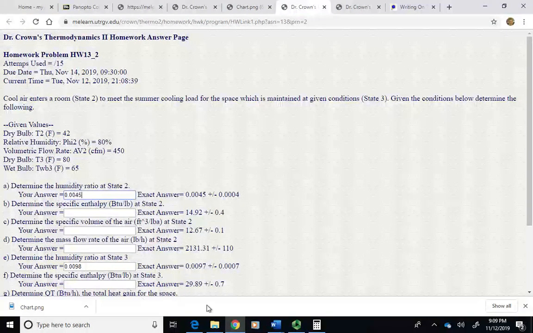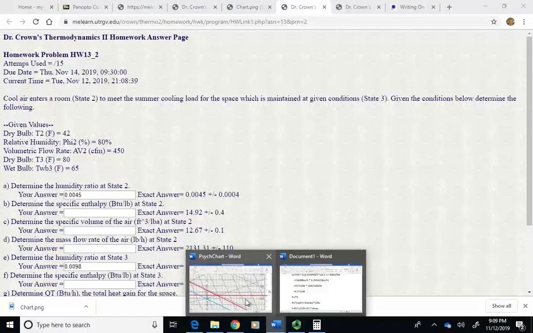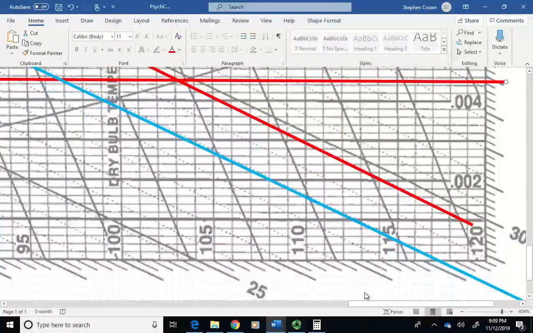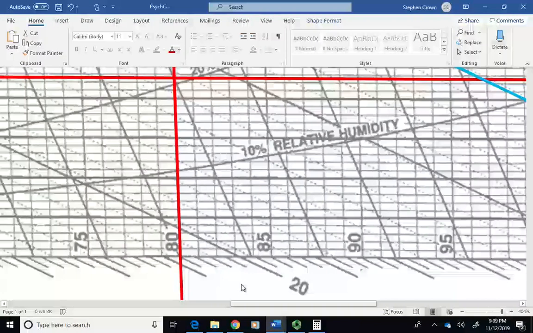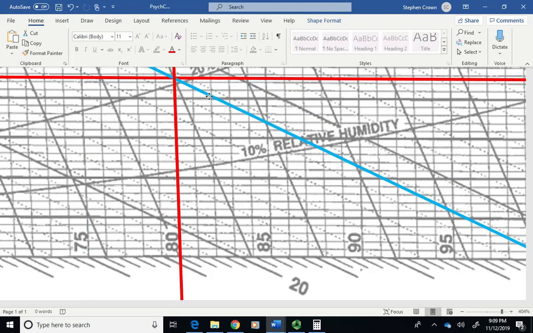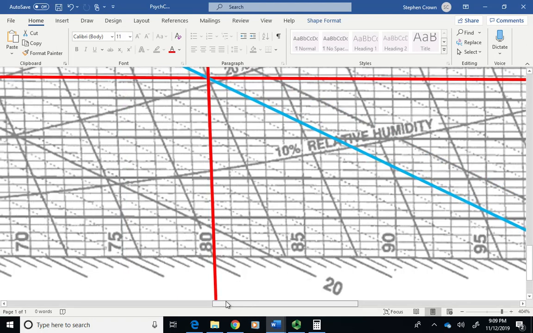Okay, then I need to read my enthalpy, and I've got this blue line that's still aligned with my enthalpy lines, so I can drag this one over, and this should lie right on top of these solid lines, which are my enthalpy lines. So put that right at my intersection, and then I can read that.